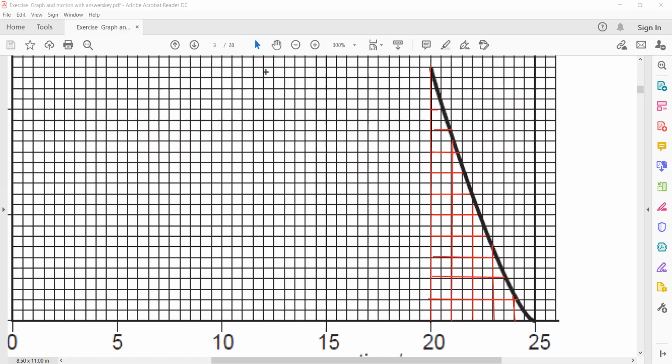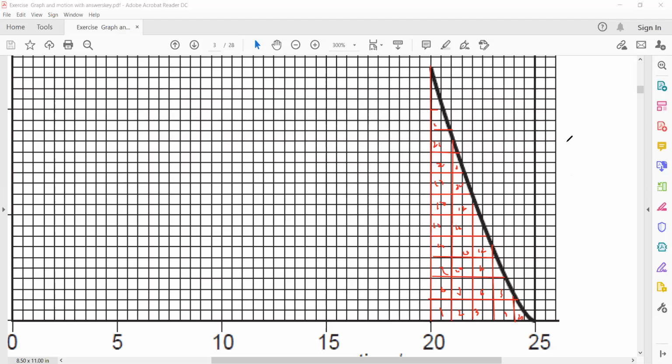Now I will count the number of boxes: 1, 2, 3, 4, 5, 6, 7, 8, 9, 10, 11, 12, 13, 14, 15, 16, 17, 18, 19, 20, 21, 22, 23, and 24, approximately, and 25.